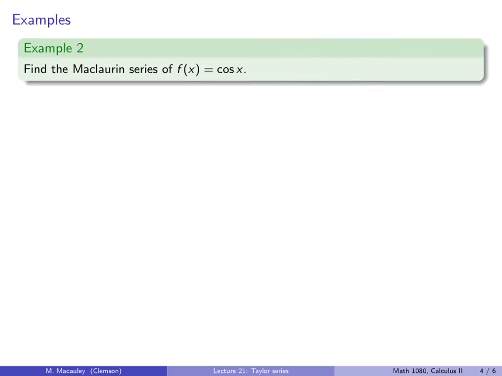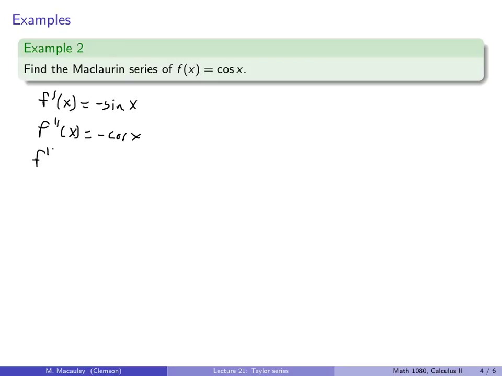Okay. Next, find the Maclaurin series, again, Taylor series centered at 0, of cosine of x. So it's the same formula involving the derivative. So let's compute a few derivatives first. Notice that f prime of x, the derivative of cosine, is negative sine. The second derivative is negative cosine.